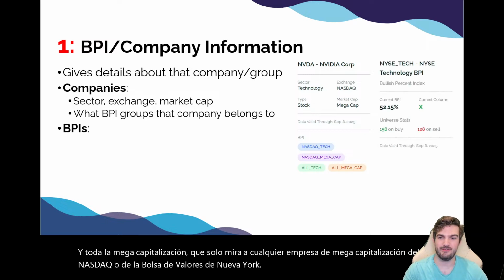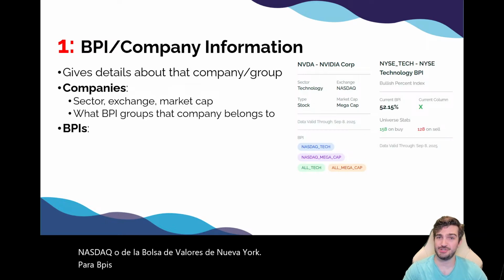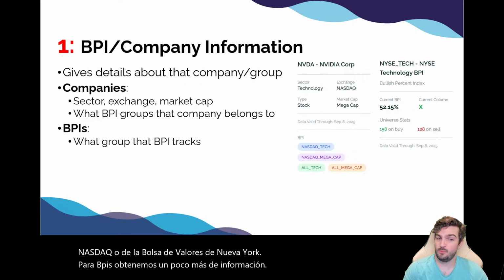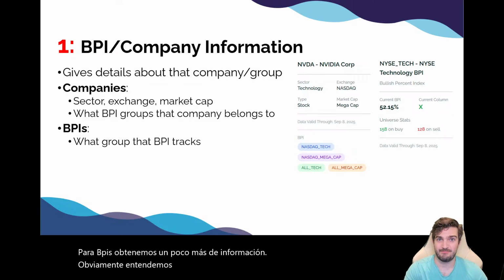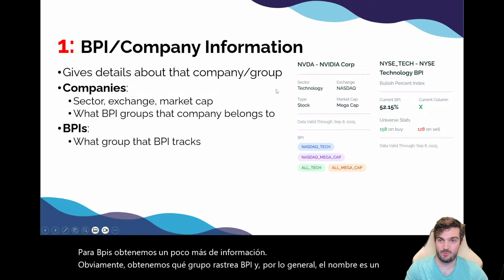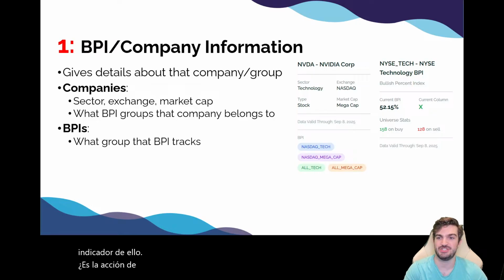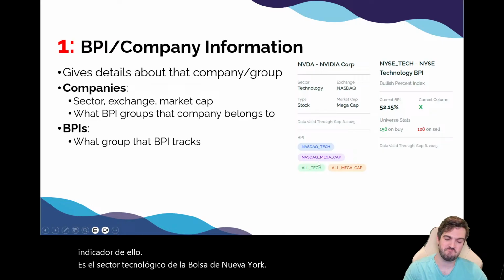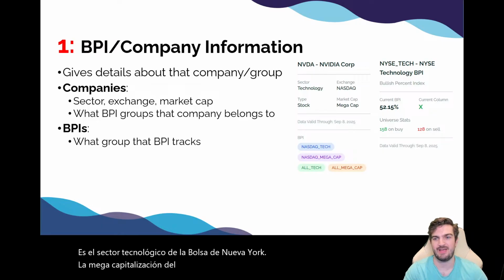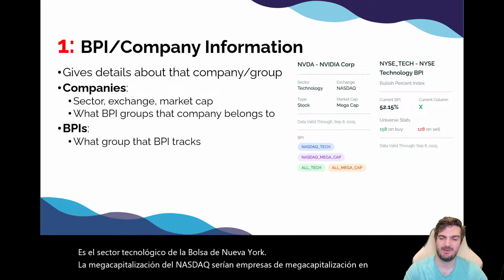For BPIs, we get a little bit more information. We get, obviously, what group that BPI tracks, and usually the name is a good indicator of this. NYSE Tech is the New York Stock Exchange technology sector. NASDAQ mega cap would be mega cap companies in the NASDAQ exchange.